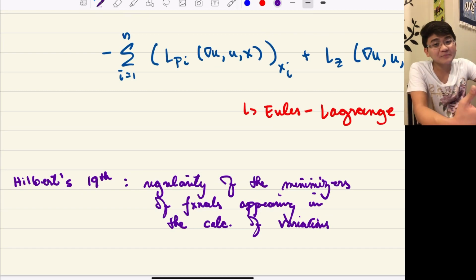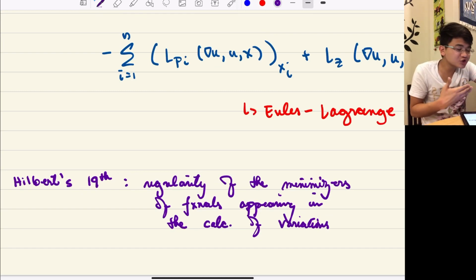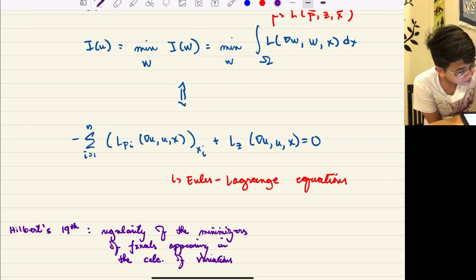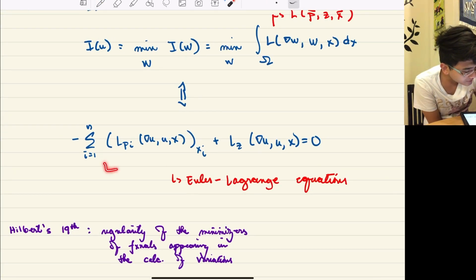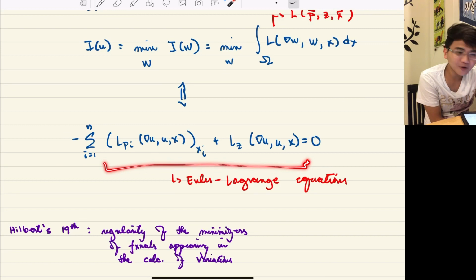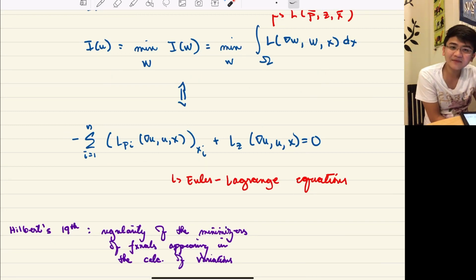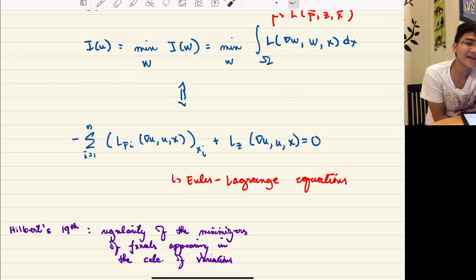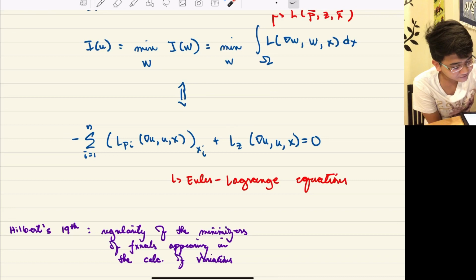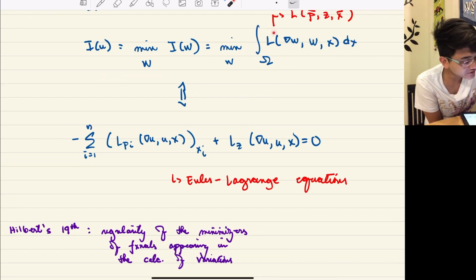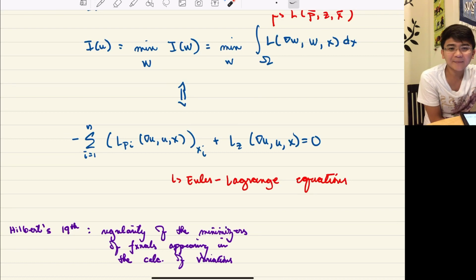And like I mentioned before, solutions to these PDEs are equivalent to minimization problems. That led Hilbert to ask: if I look at minimizers of functionals of this form with certain conditions imposed on L, am I guaranteed that the minimizers are analytic?